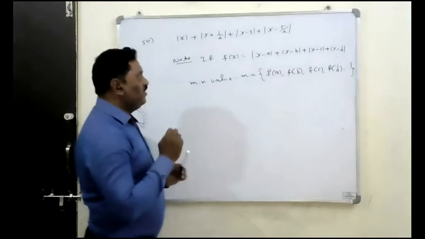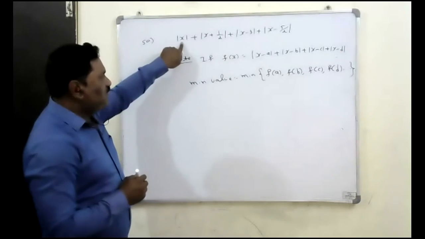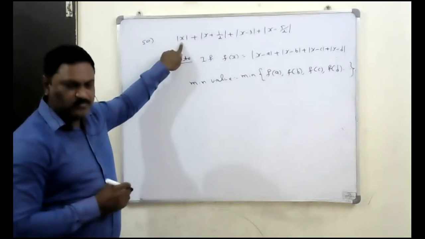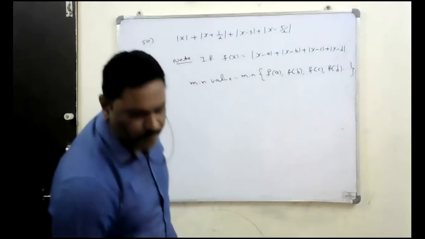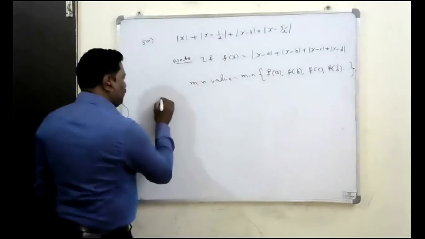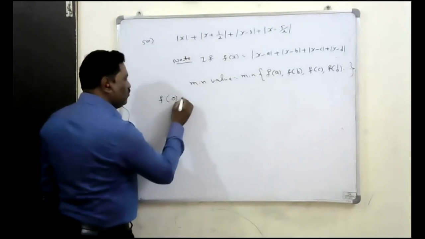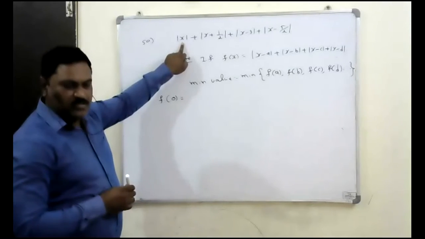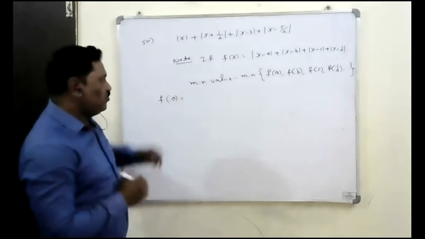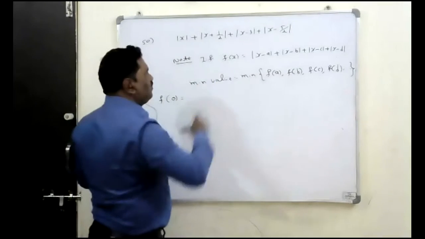Okay, first, this is the mod x term. For what value is it 0? First I will take x equal to 0. When x is 0, this term becomes 0. Substitute x equal to 0 everywhere.